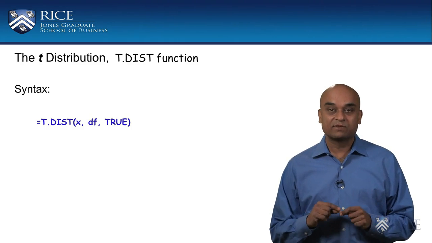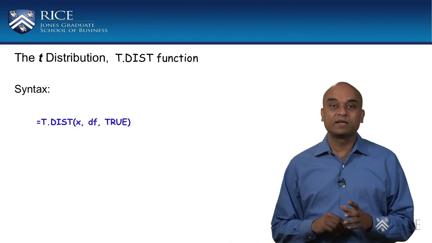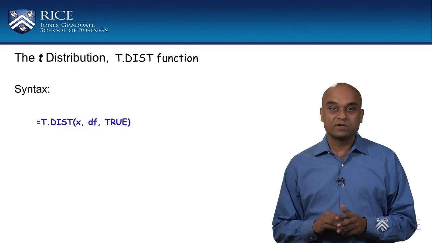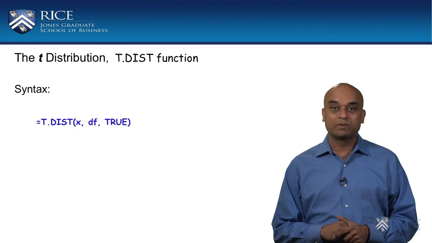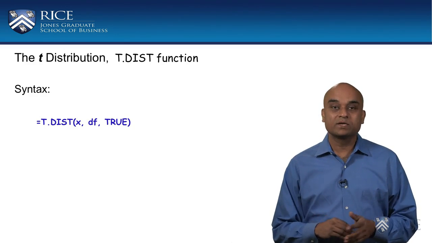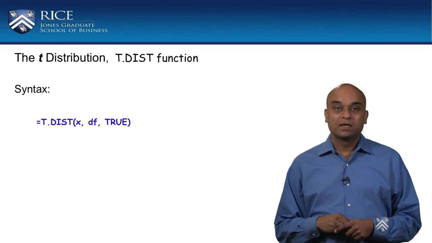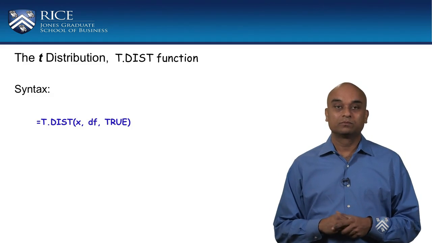The syntax of the function is T.DIST and it takes in 3 inputs: T.DIST open parenthesis, the first input is the number to the left of which you wish to calculate the probability, in terms of notation typically denoted by lower case x. Then you give the degrees of freedom and finally the word true.